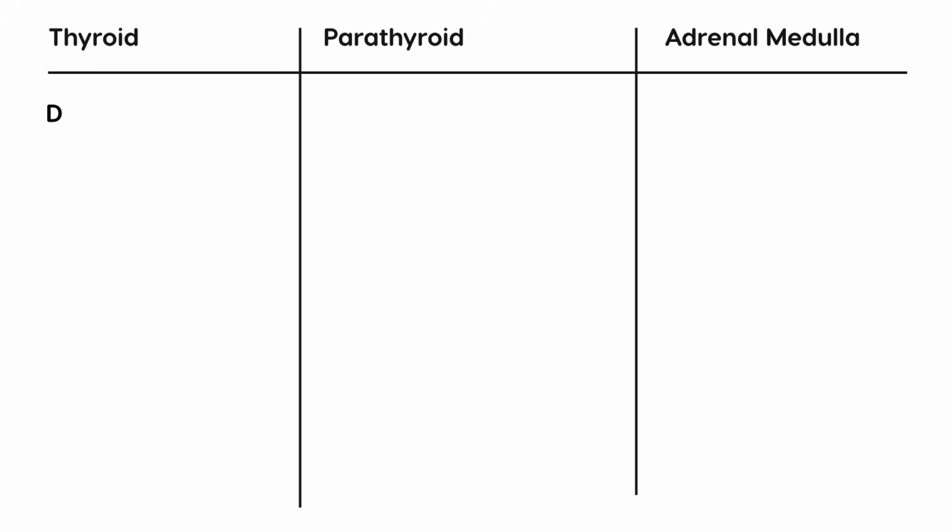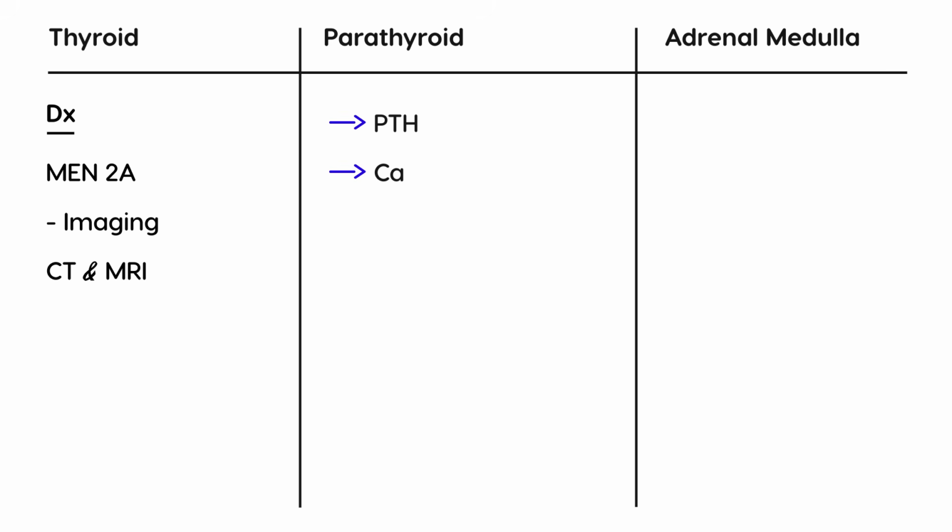All right, now let's get into the diagnosis. A big component of the diagnostic workup of MEN 2A is imaging, because these are tumors that you need to localize, and that's usually done with a CT or an MRI. But in addition, there are blood tests and urine tests. If you're doing a diagnostic workup of a suspected parathyroid tumor, you can measure parathyroid hormone as a simple blood test, and of course measure calcium.